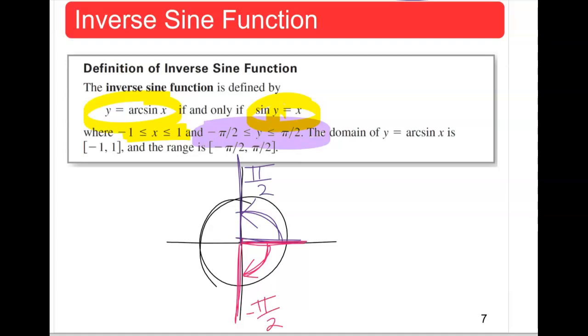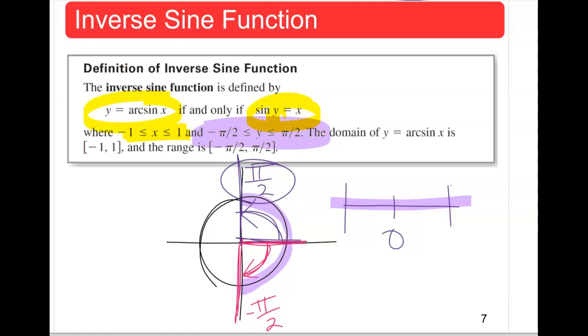And that is what I want you to keep in mind, that our answers will be given in this way. So just to clarify, when we calculate an inverse function on the calculator, there is no way that you will get an answer bigger than pi over 2, such as 3 pi over 2, although that could be an answer.